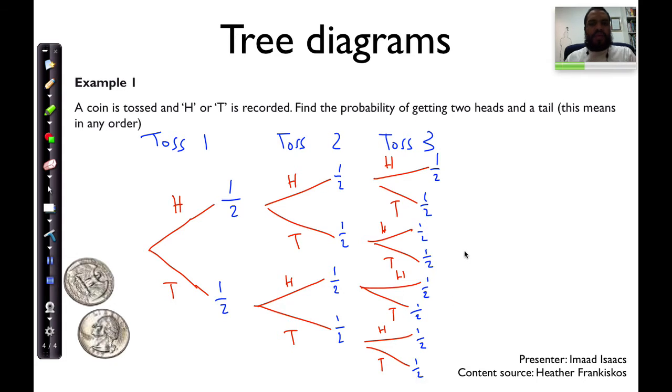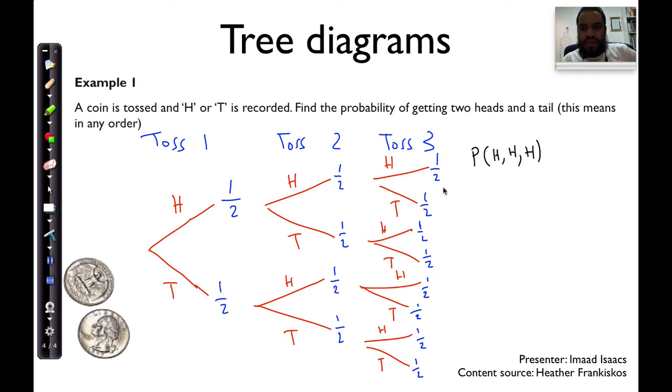Now, what happens when I get the probability of these sort of things on a tree diagram is I multiply across. So if you see over here, I'm going to ask you for the first possible outcome, which is a head, head, head, which is this branch over here, leading into this and leading into this.